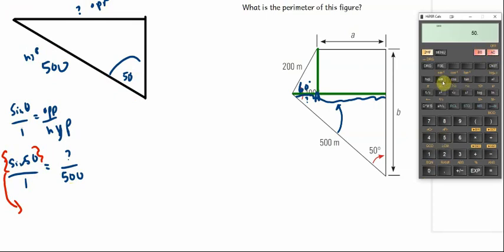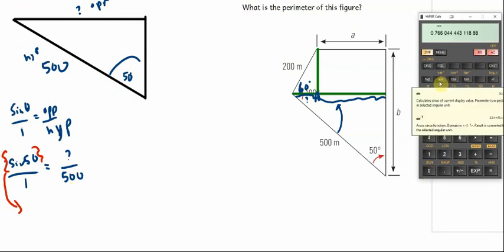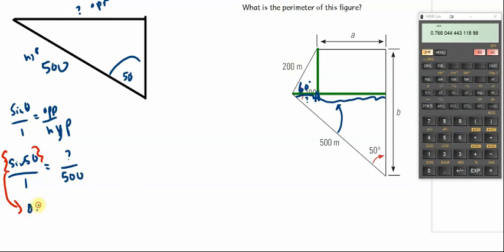50 sine gives 0.7660. So 0.7660 over 1 is a question mark over 500. We go from 1 to 500 by timesing that by 500.